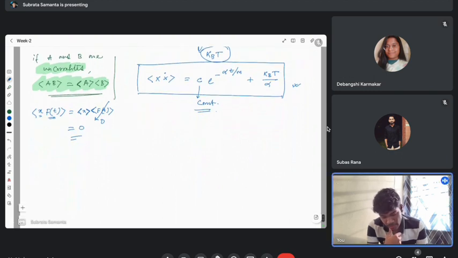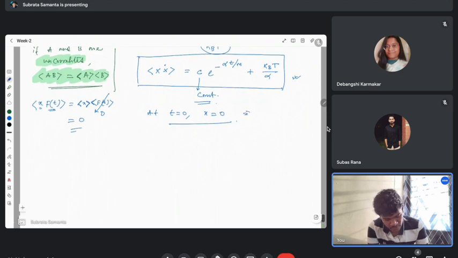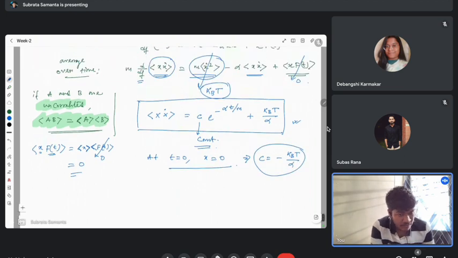Okay, so now we put the initial conditions that at t equals 0, x equals 0, no displacement. So this gives c equals minus kVt by alpha. Because this is a first order equation, we need only one initial condition.